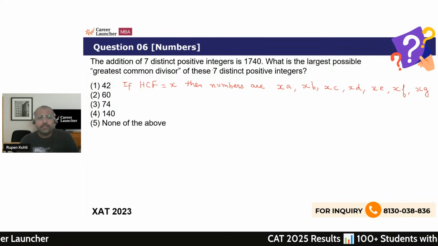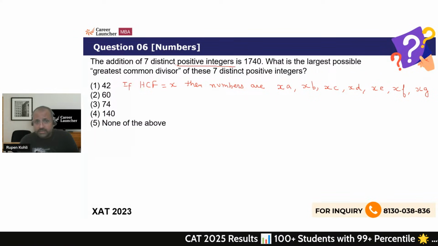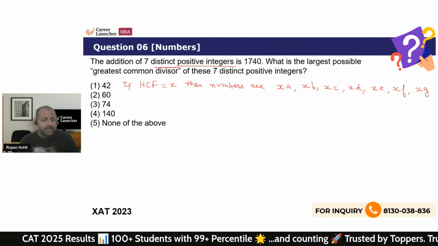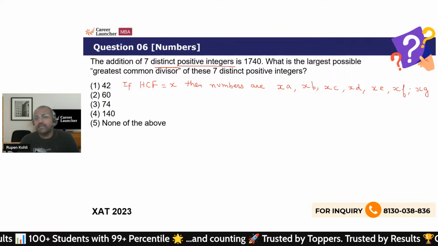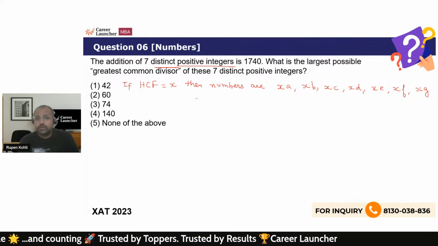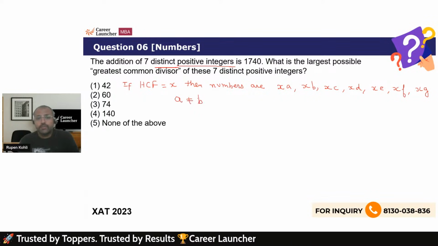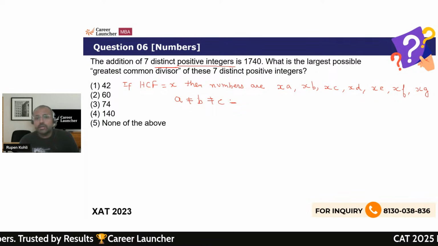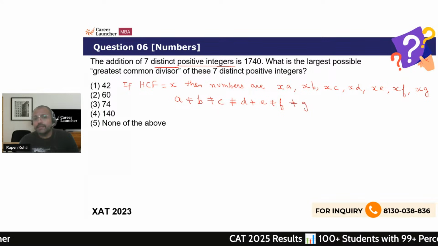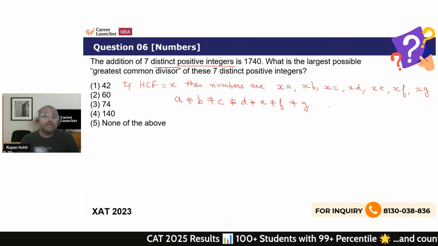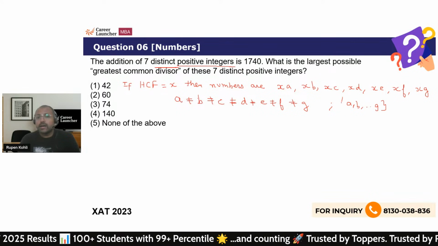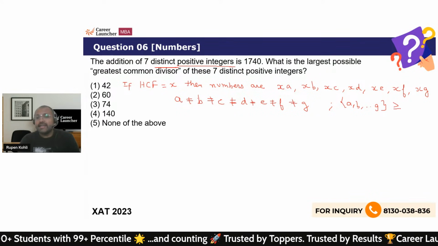Now, since the numbers are distinct positive integers, none of these multipliers a, b, c, d, e, f, g can be equal. All of them are distinct, and all of them are positive also. So a is not equal to b, c, d, e, f, g, and each of them is at least 1.